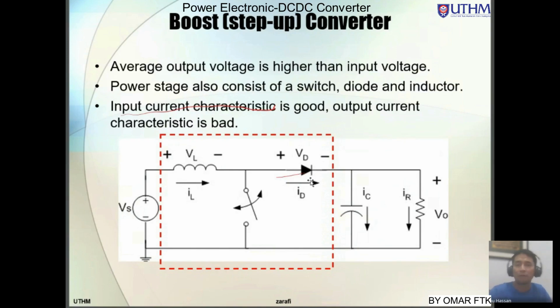Later on, we will compare them. In the boost converter, we put the inductor near the supply, then the switch here, and then the diode near the load.